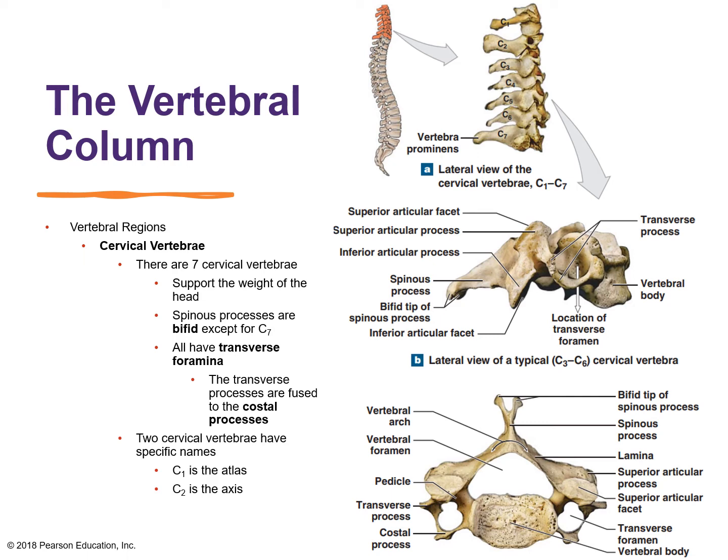Laterally, the transverse processes are fused to the costal processes, as you can see in the bottom image. Those costal processes originate near the ventrolateral portions of the body. Costal refers to a rib, and these processes represent the fused remnants of cervical ribs. The costal and transverse processes encircle prominent round transverse foramina. These passageways protect the vertebral arteries and vertebral veins, which are important blood vessels that supply the brain.